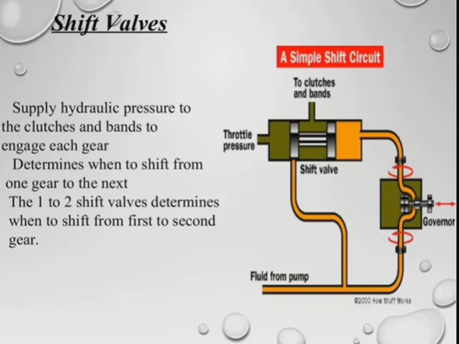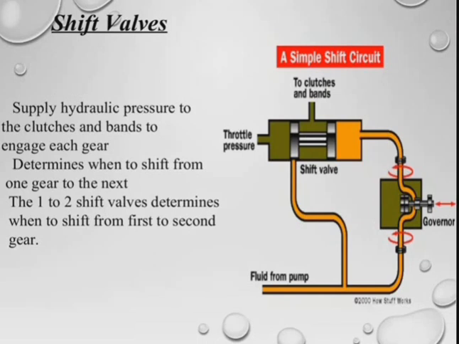So here you can see the shift valve. What exactly happens here is that there is a simple shift circuit available, which simply sends hydraulic pressure to the clutches and bands to engage each gear. It determines when to shift from one gear to the next, and the 1 to 2 shift valve determines when to shift from first to second gear.